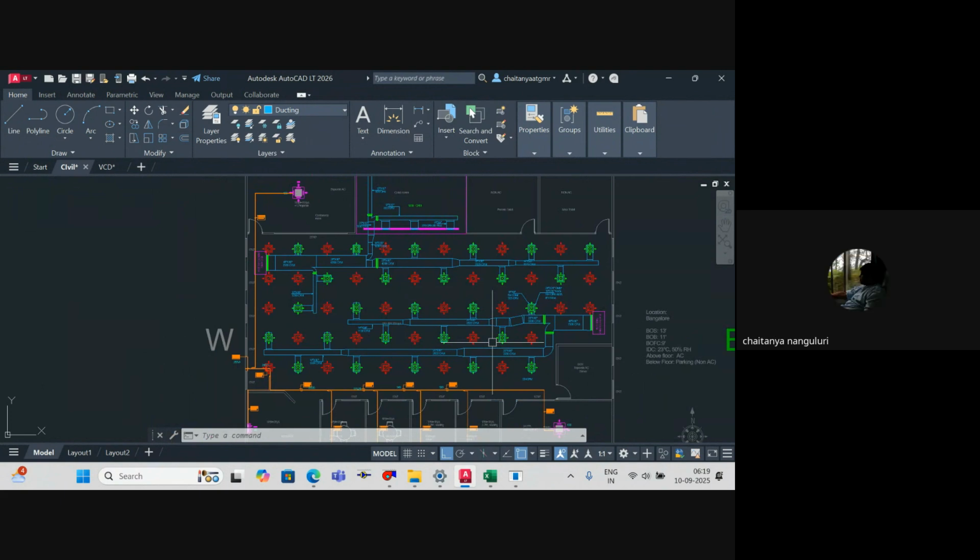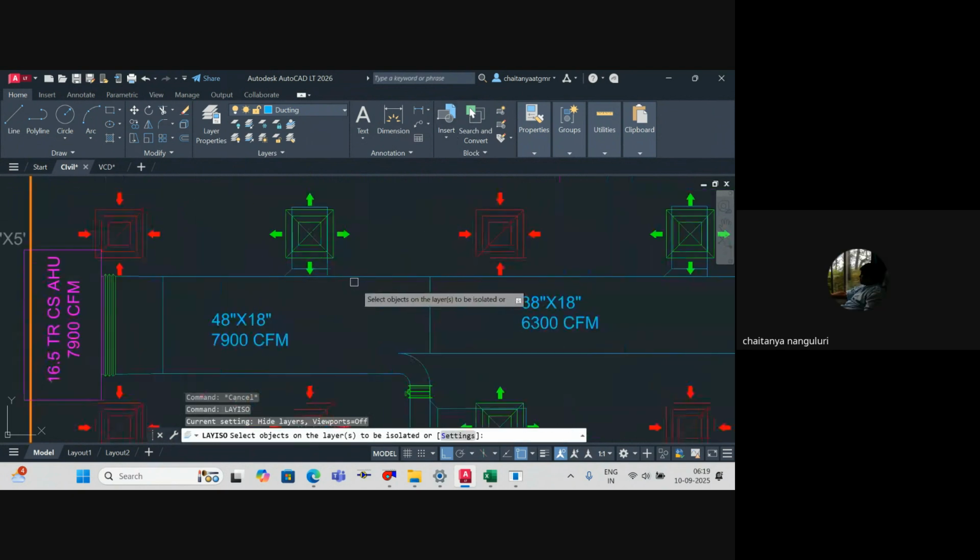So how much do we have to install from the start of the equipment? From the starting of the equipment, you should have at least 5 meters of acoustic insulation. That's around 15 feet. Everything remaining you will make with thermal insulation. Understood? I'll just isolate it and I'll show you.